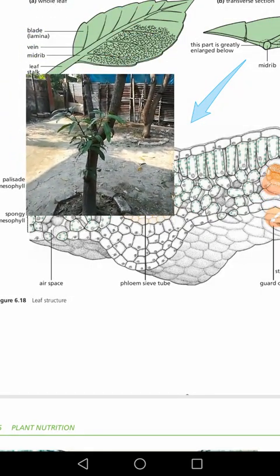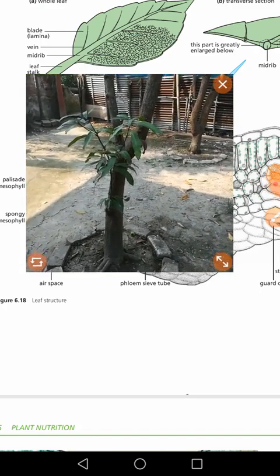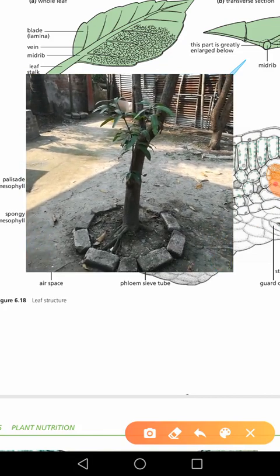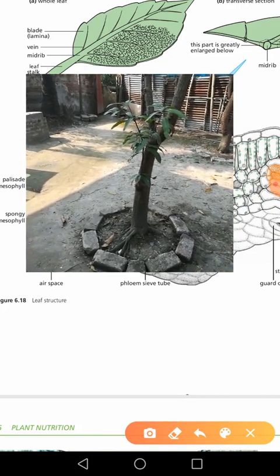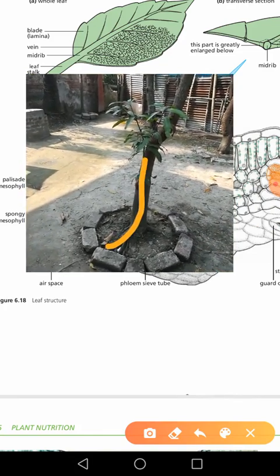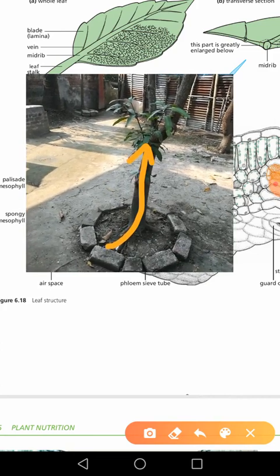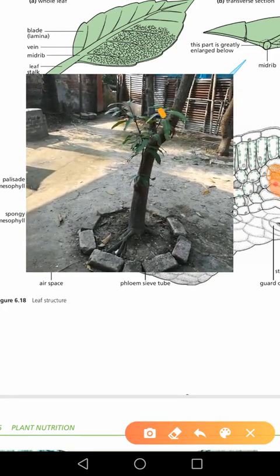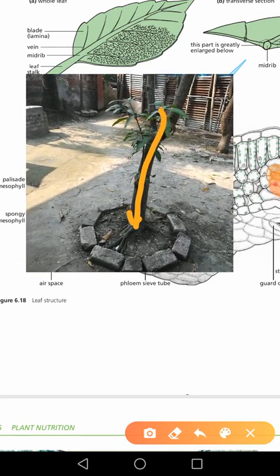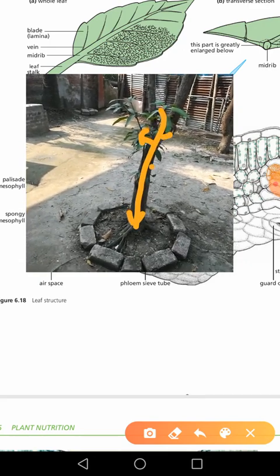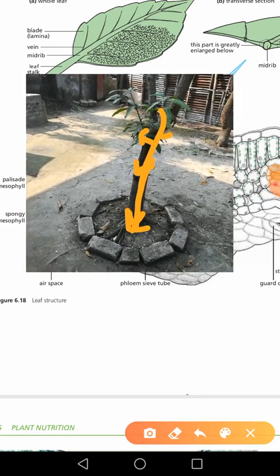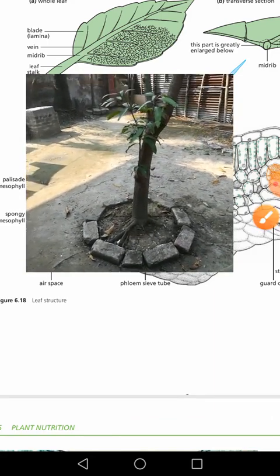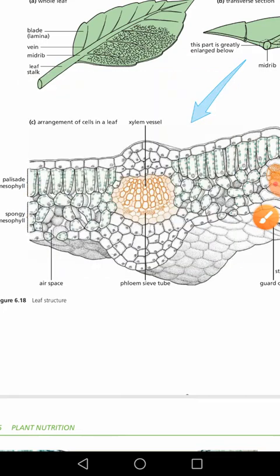If this is a plant, then xylem transports water and mineral salts from the roots to the leaves, and phloem transports food substances from the leaves to the other parts of the plant and also to the roots. So these are the functions of xylem and phloem.